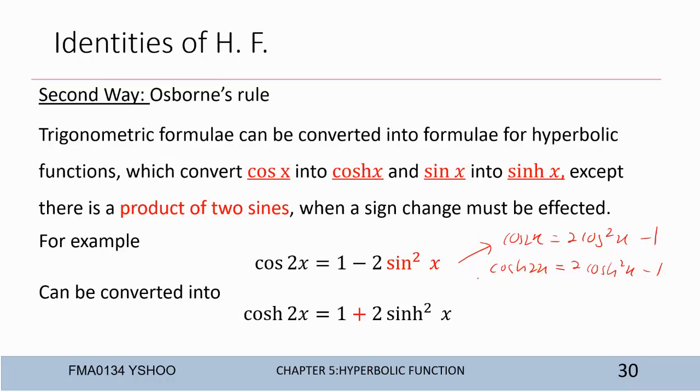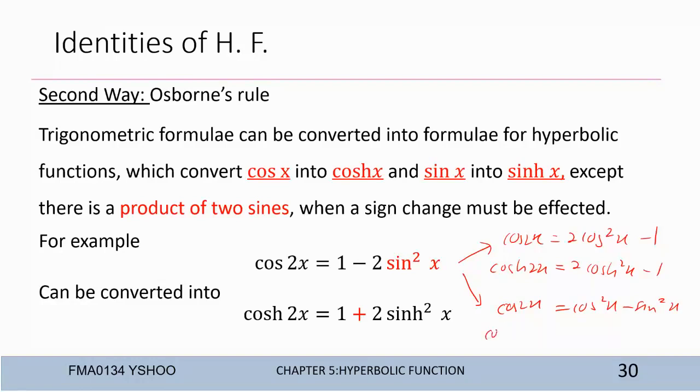There is only a change for the sine squared. Then we have another formula: cos 2x actually is cos squared x minus sine squared x.